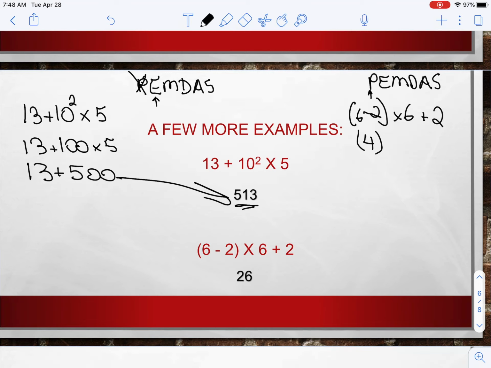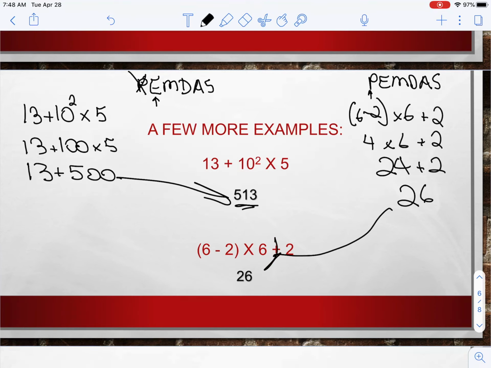Now I don't need to really write the parentheses anymore. So I'm just going to write 4 times 6 plus 2. And so what do we do next? We multiply. 4 times 6 is 24 plus 2, and that's going to be 26. Okay.